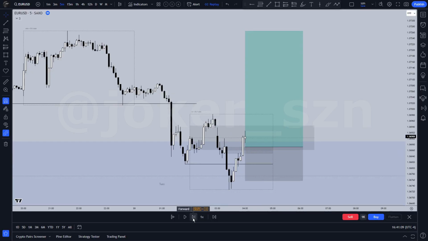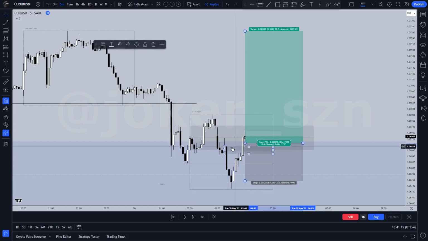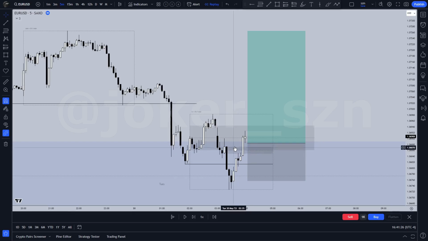And you can see we have now created a fair value gap here as well. So now I will move my limit up to this fair value gap here, because sometimes we don't really retrace back into the mitigation block, and we only get a small retracement, or sometimes this gap will be left open.